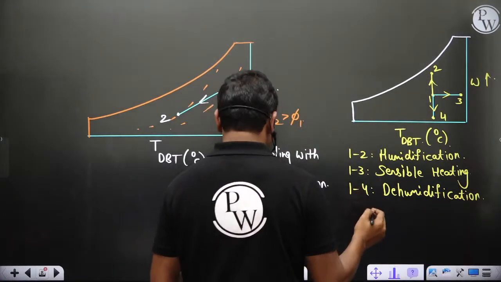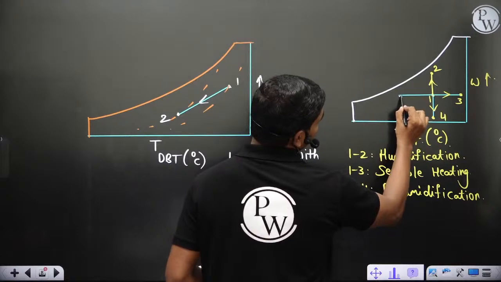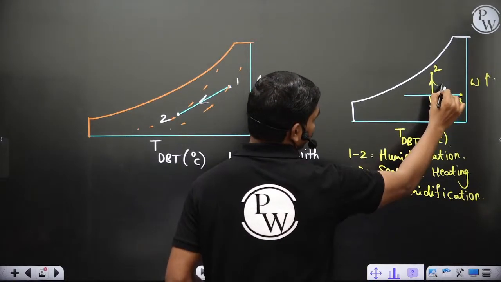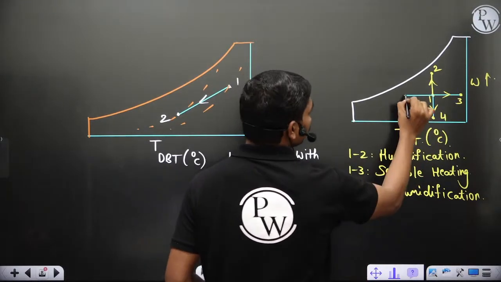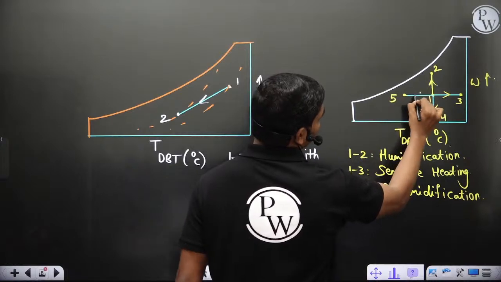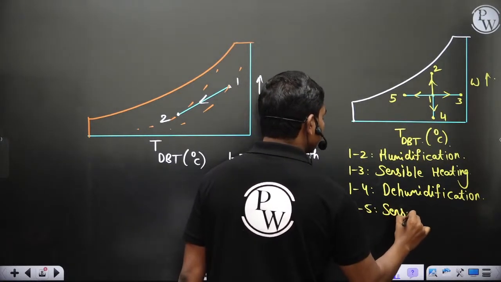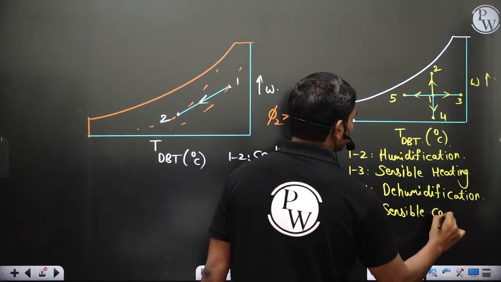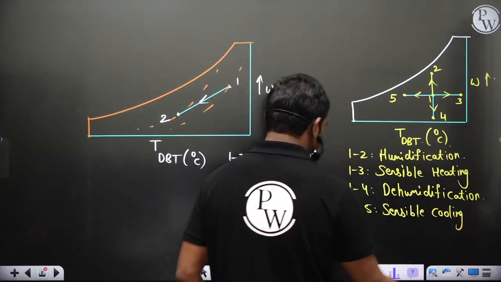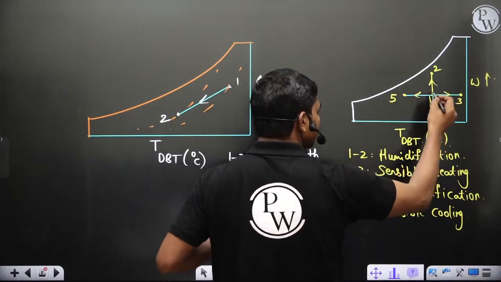And if this is 1 to 5, at constant omega, then 1 to 5 is nothing but sensible cooling. Anything in between these two will be a combination of these two.